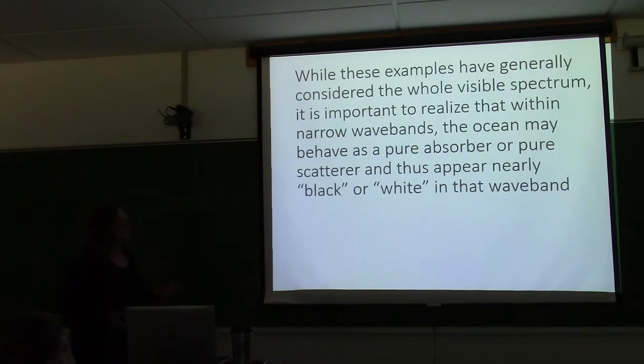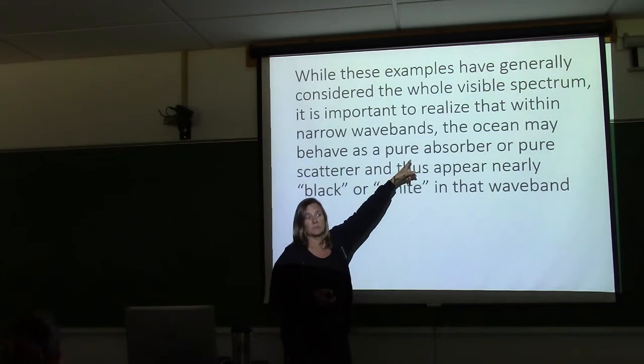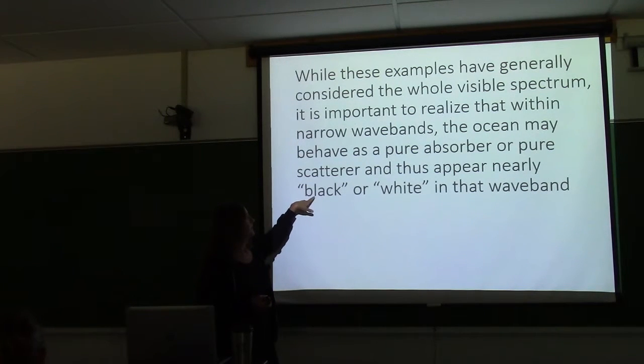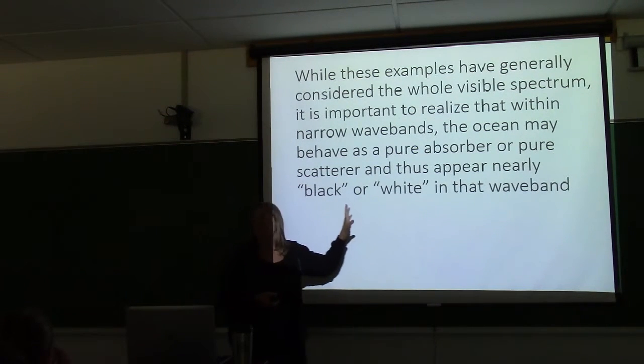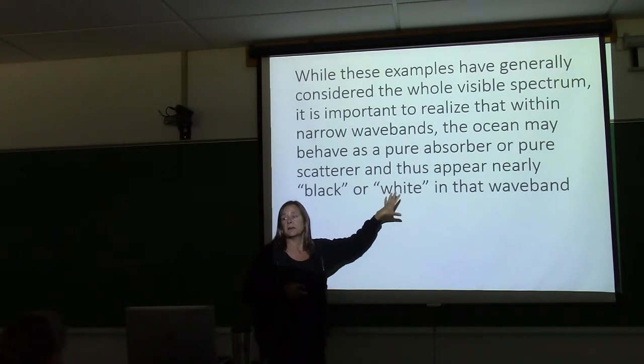But I think what's important, we were talking about white light, but when you think about the ocean in certain narrow wave bands, you can actually go to these case study extremes. So you might find a wave band where the ocean does behave as a pure absorber, where scattering doesn't really play a role, or where the absorption is so small that it appears white in that waveband or very bright.